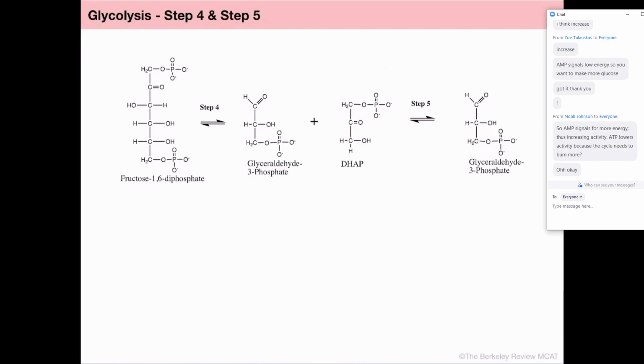All right, steps 4 and 5. These aren't heavily regulated, though every step is important.